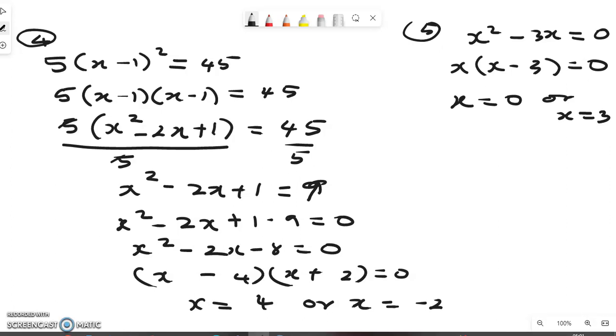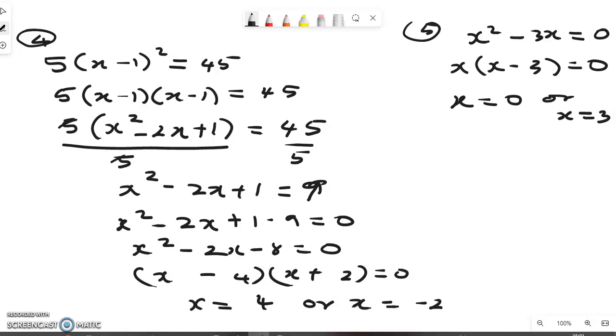If we put in 3, it's going to be 3 minus 3, which is 0, and 0 times anything, the answer is 0. So you will have solved it.